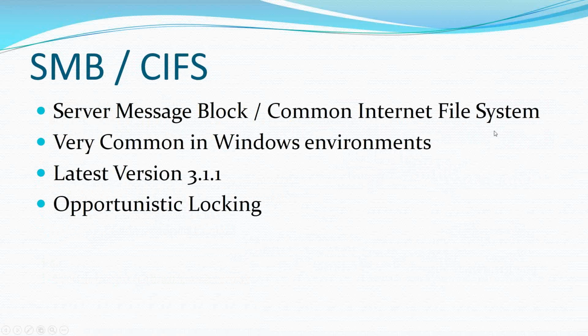So starting off with SMB, this is most commonly used for Windows environments. This is what most of any Windows file shares you deal with will actually be. Works very well with Windows file systems. You can mount SMB shares on Linux and OS X systems as well, but it is primarily used for Microsoft environments.